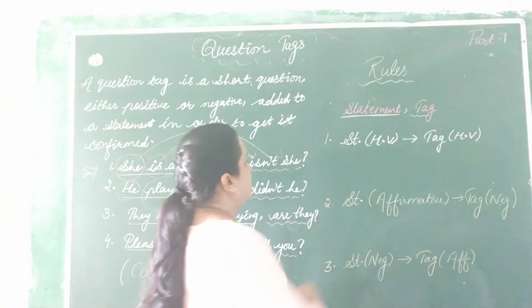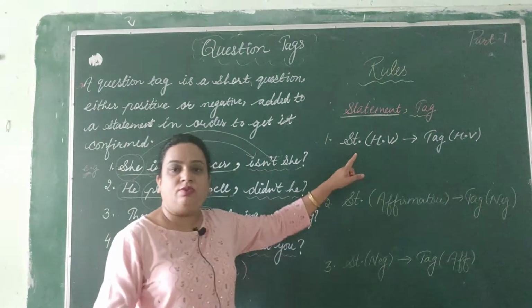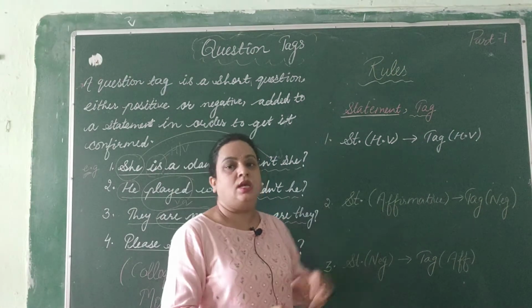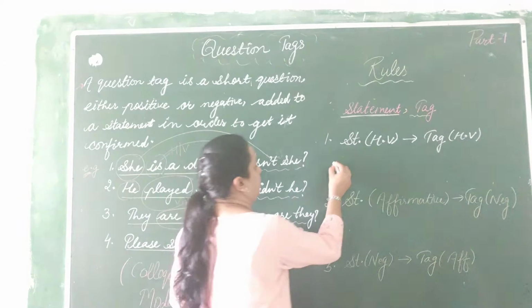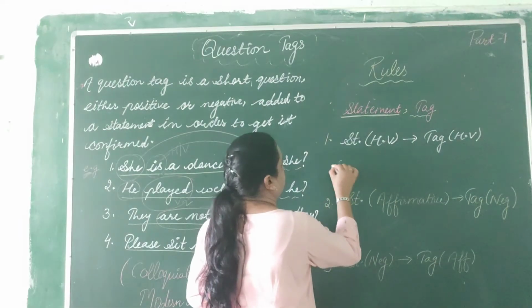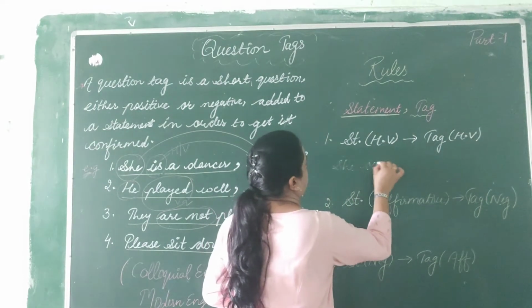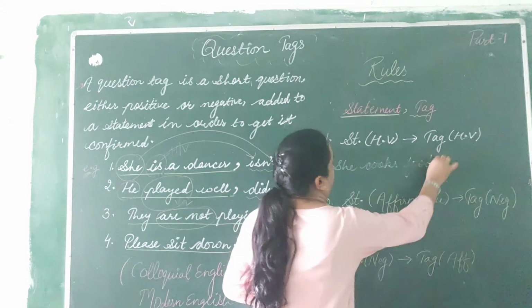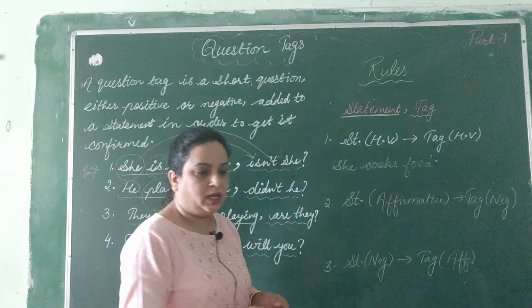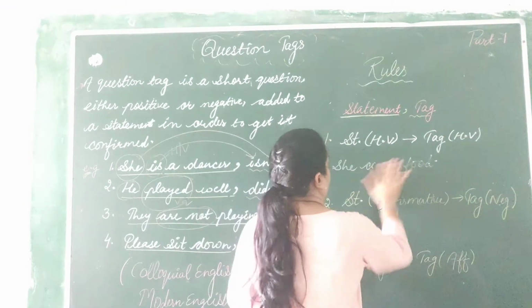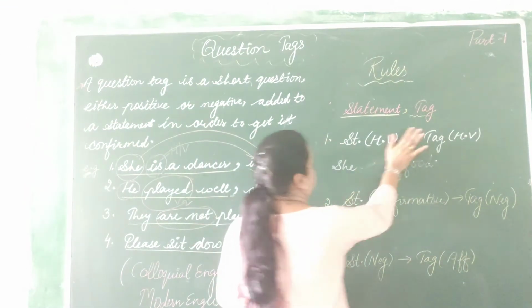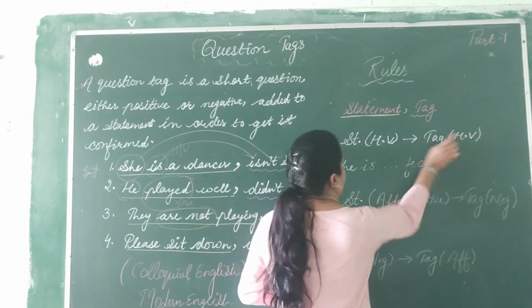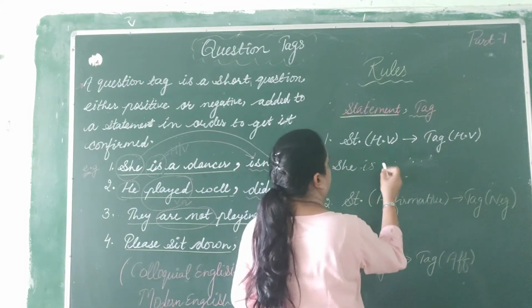Whatever helping verb is there in the statement, the same helping verb we will use in the question tag. Let's understand this with the help of an example, like she cooks food. Now she cooks food, but here I am not taking a helping verb. Because we are discussing the helping verb, let's say this: she is cooking food.